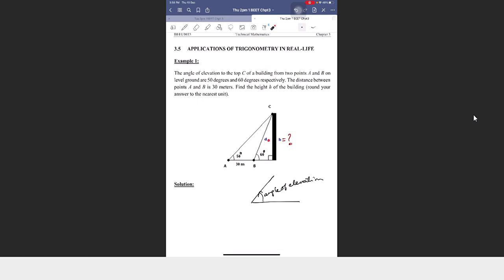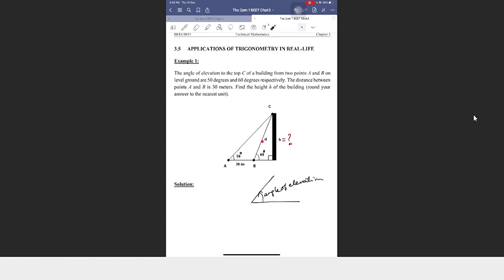So our job is to find D, the length here. In this case, we label this as D. How do we find this D? Then we look at this triangle. This 50 degrees is given, and we do not know this, and we do not know this.